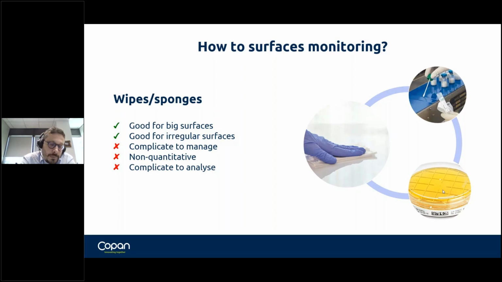The problem is that they are quite complicated to manage, because they are prone to getting contaminated, since you need to physically touch them. There are also problems in the analytical processing of a sample collected with a wipe or a sponge, because they are generally not quantitative, or very poorly quantitative, and they are also complicated to analyze.